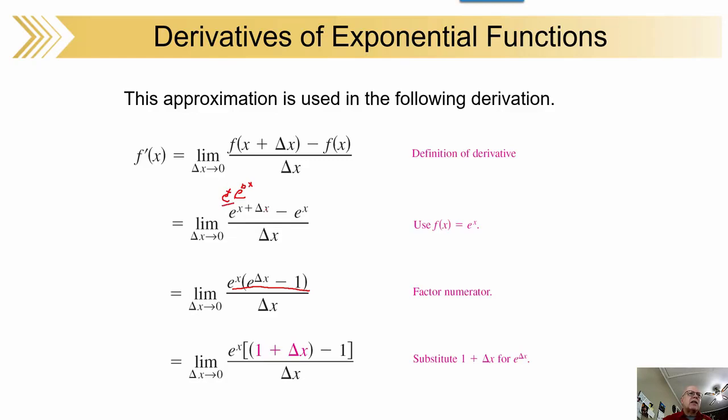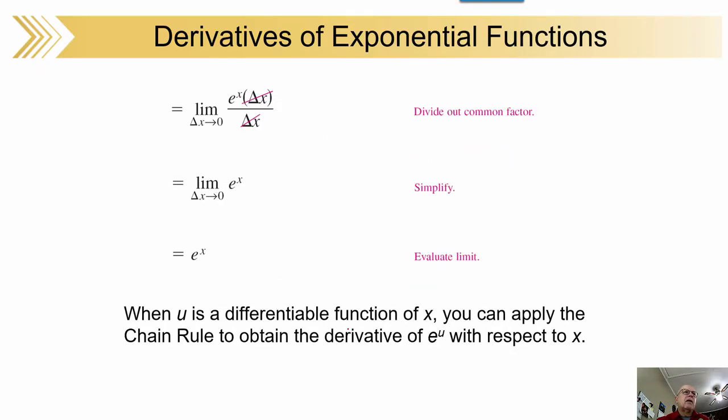So we can factor out the e to the x, and we get this. This part here becomes just that. And anyway, you can see the rest for yourself. Eventually you end up with just e to the x.